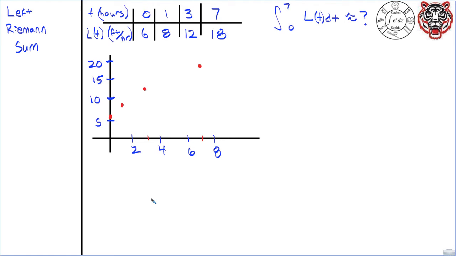So the thing that makes a left Riemann sum is the fact that you use the points to make a bar stemming from the left, essentially. So if I was doing a right Riemann sum, I would go like this, because now it's on the right, but now I'm going to go for a left, so I'm going to draw it to the right, and I draw a bar.